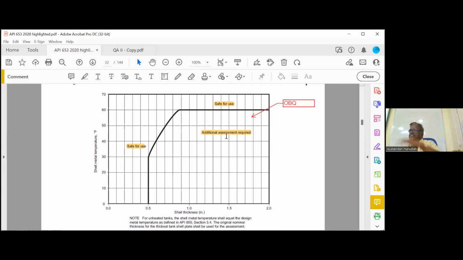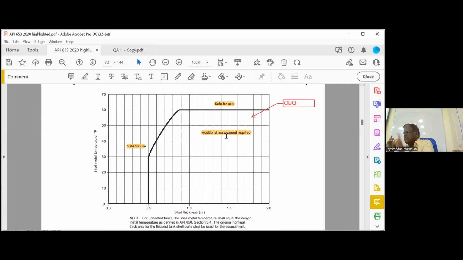Second one, design temperature is reduced. Suppose before, we used some heating and the temperature was different, and now the temperature is less than the previous temperature, then it is considered as severe service. So severe service means increase in the specific gravity or reduction in the stored product temperature.